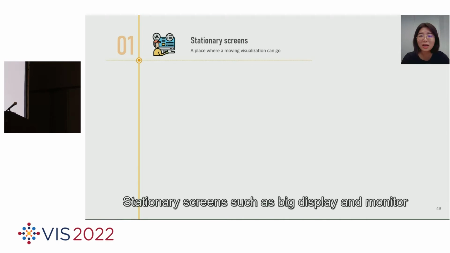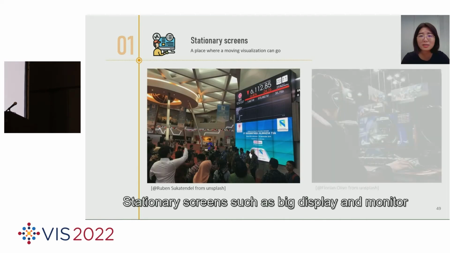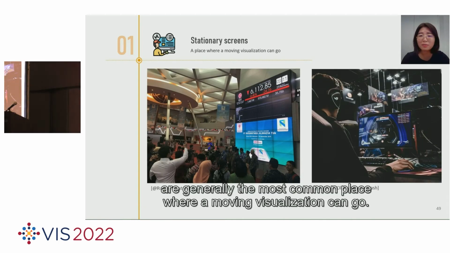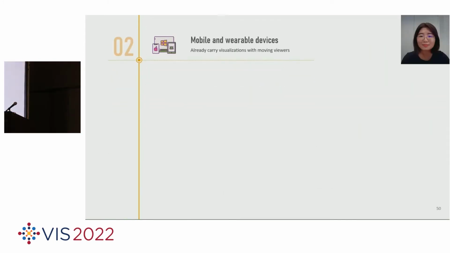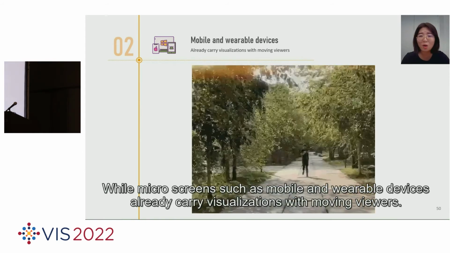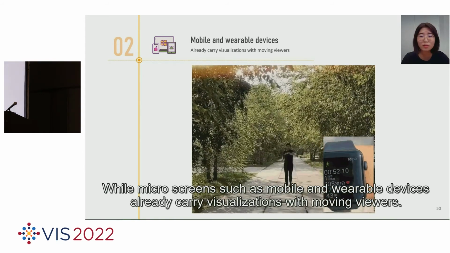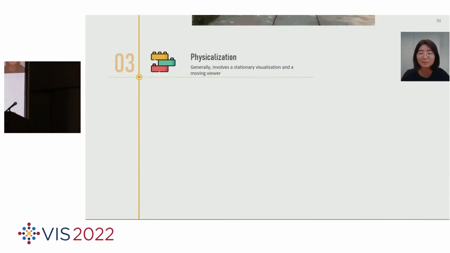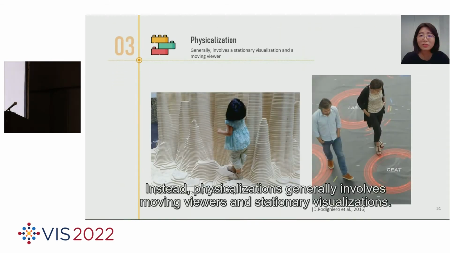Stationary screens such as a big display or a monitor are generally the most common place where a moving visualization can go. While microscreens such as mobile and wearable devices already carry visualizations with moving viewers. Instead, physicalizations generally involve moving viewers and stationary visualizations.